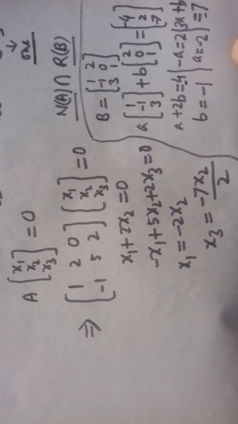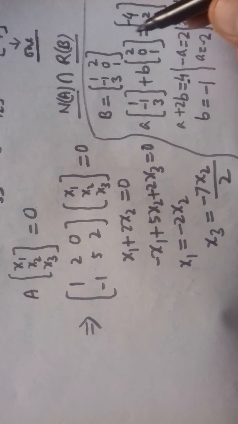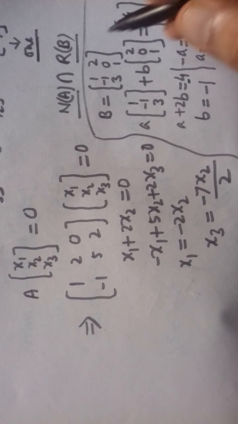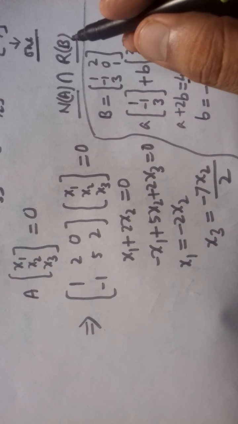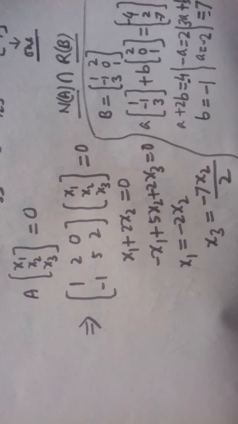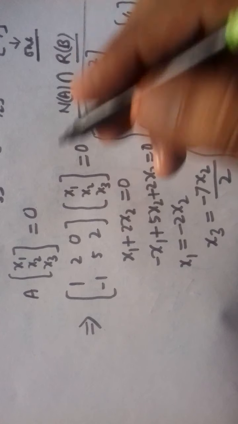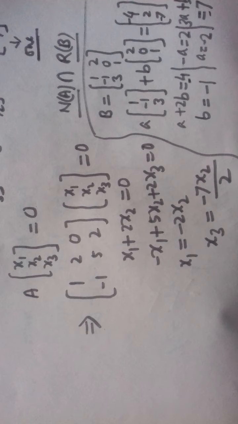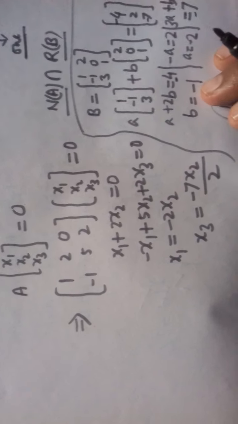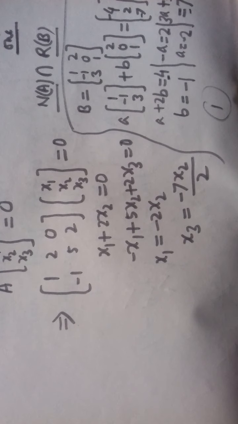So this basis works for the range space as well. So the dimension of N(A) intersection R(B) will be 1. So the answer is 1.